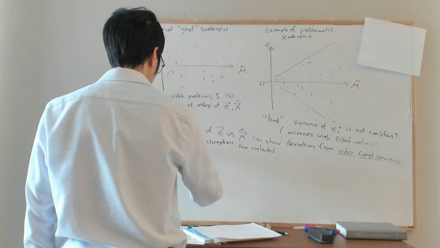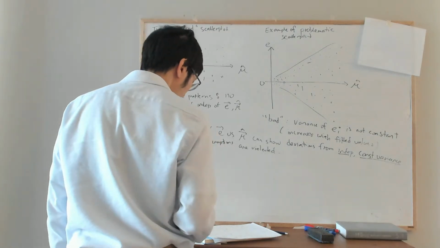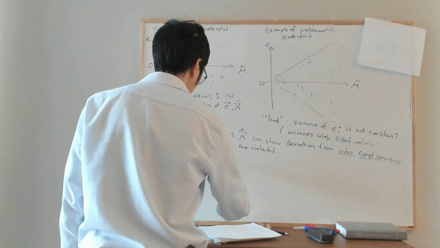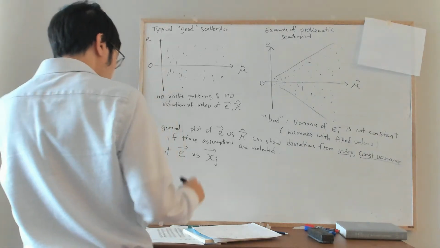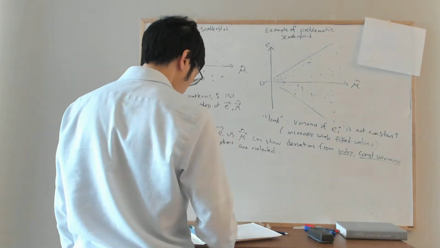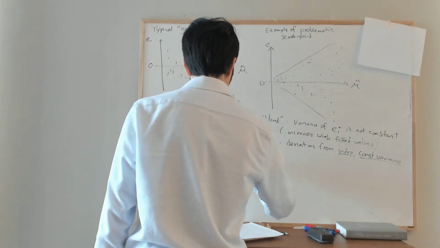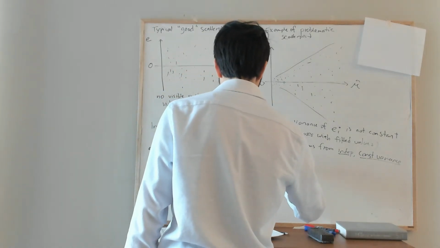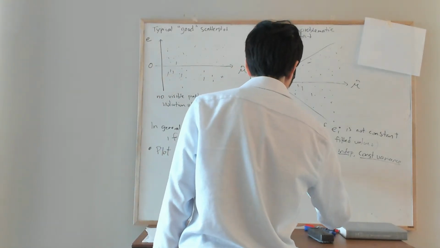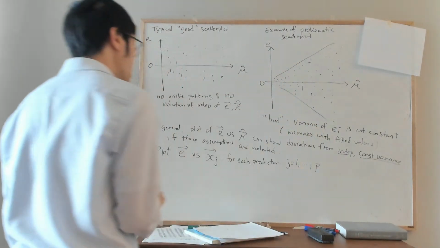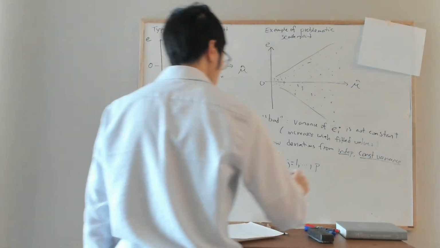We plot the residuals versus the individual predictors, call them x_j, for each predictor. You have p of them, so you can make p separate plots, one for each predictor in the model.